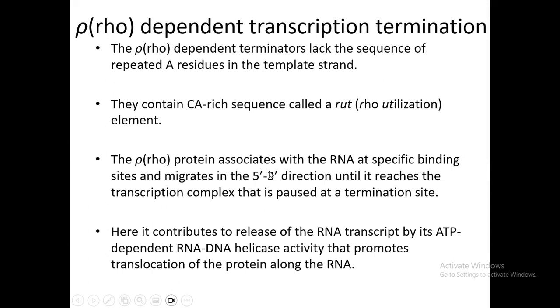So the rho factor basically associates with the RNA at the specific binding sites, and migrates in 5' to 3' direction till it reaches the transcription complex that is paused at the terminator site. Here it contributes to the release of the RNA transcript by its ATP dependent RNA DNA helicase activity that promotes translocation of the protein along the RNA.